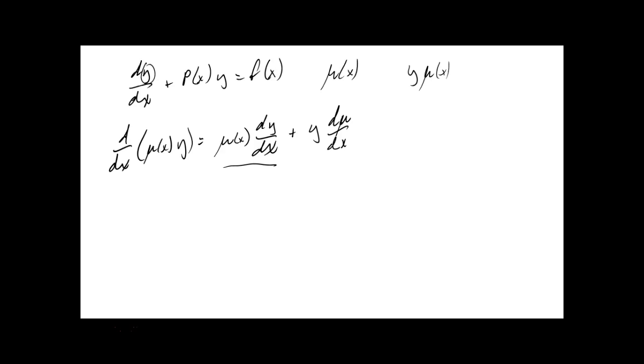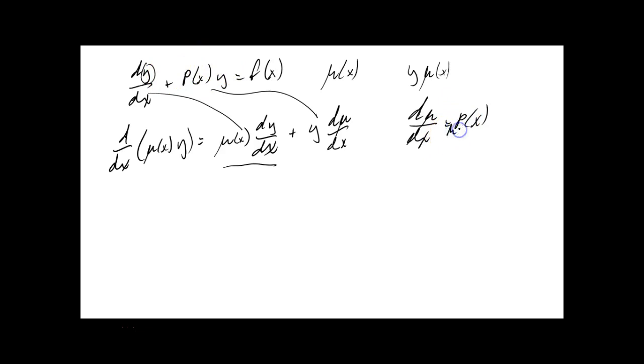Now, if you let this be that, so in other words, this term you've just multiplied mu of x, here you want this to be, there's your y, you want the d mu dx to equal your p of x. Except if you multiply this by mu, you have to multiply.